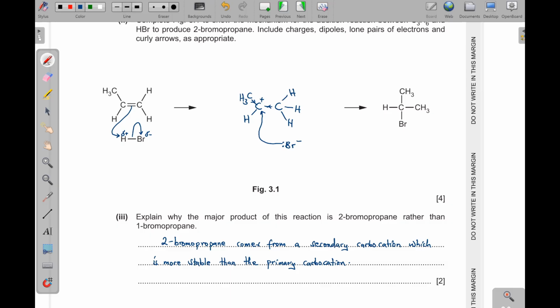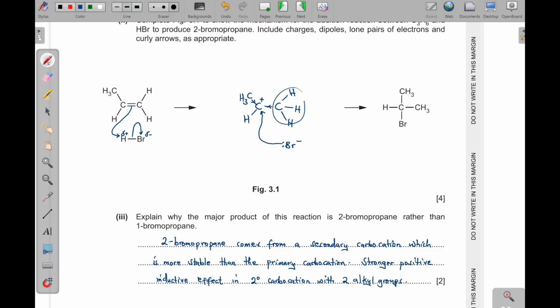Then you have to talk about the other mark, which has to come from the strength. Stronger positive inductive effect in secondary carbocation, in this one with two alkyl groups.